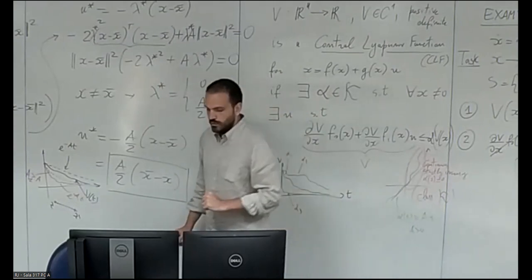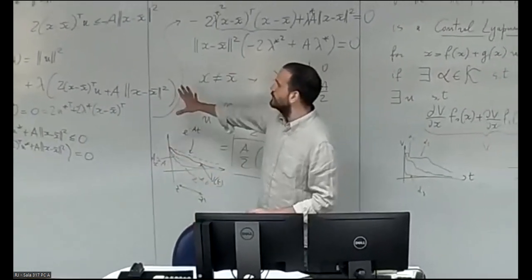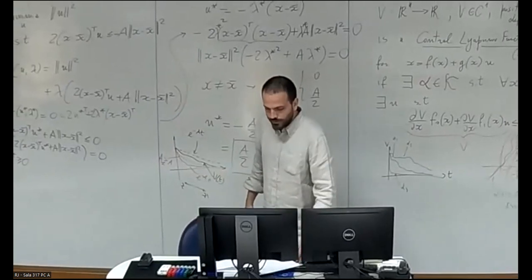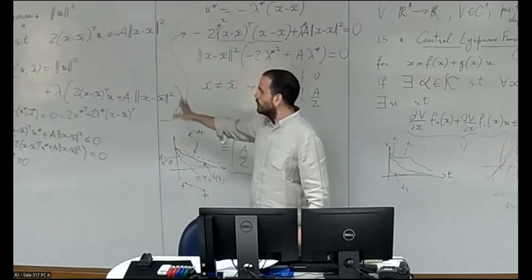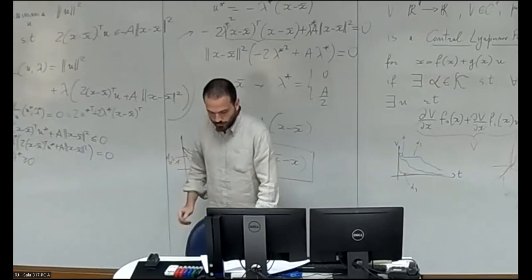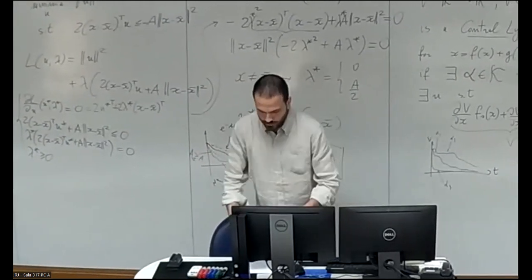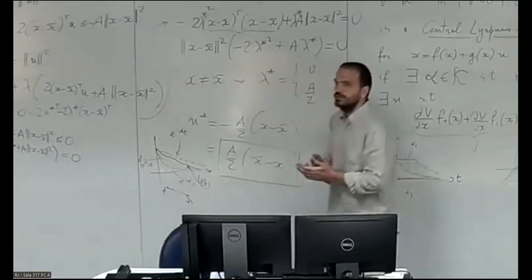But that's just to see that this is nothing impossible. It's just a quadratic problem. This is one constraint that can be solved manually, but we will always solve using computational methods. Do you have any questions on this example?